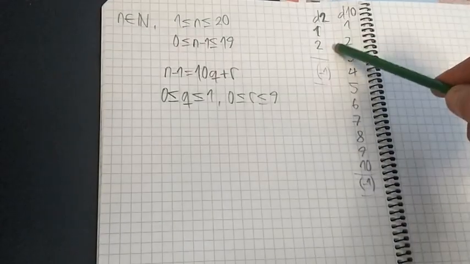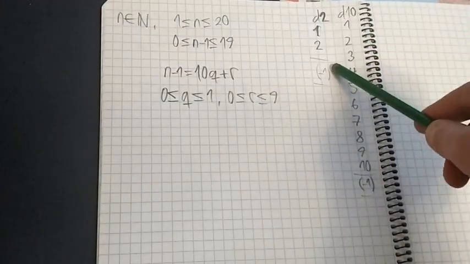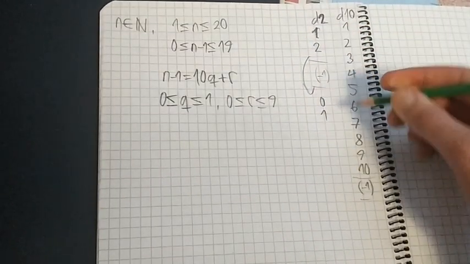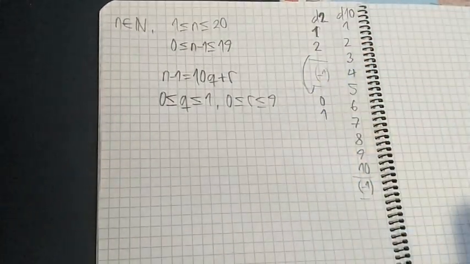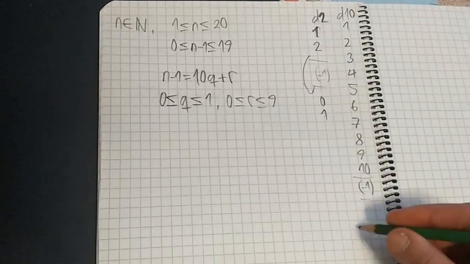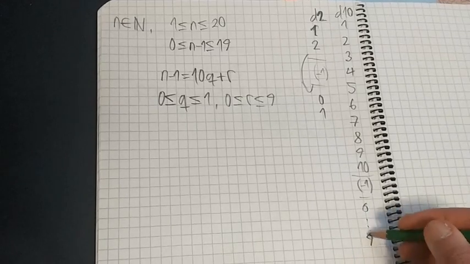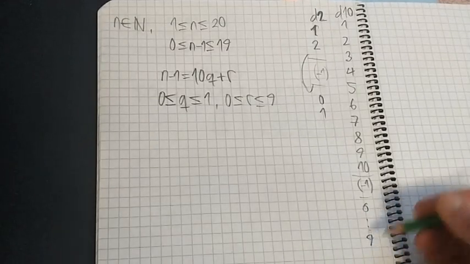We just subtract 1 from these numbers to make these 0 and 1, and these numbers to be 0, 1, 2, 3, 4, 5, 6, 7, 8, and 9.